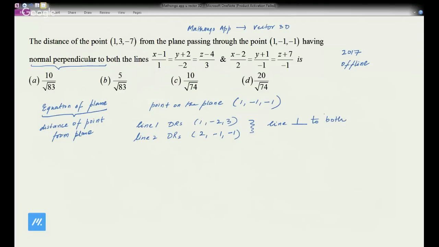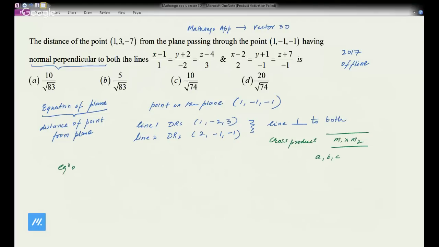Right? Cross product. Absolutely. A lot of you have actually understood the concept. So you will take the cross product, which is nothing but M1 cross M2. From M1 cross M2, you will get the values of A, B, and C. The point is already there.